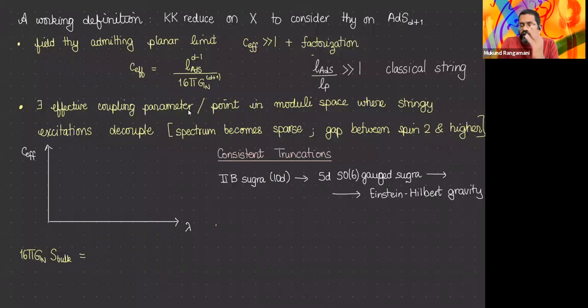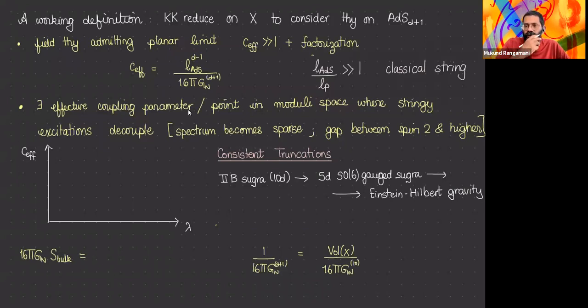When I do the reduction of the parent theory, I will get an effective Newton's constant downstairs in d+1 dimensions, where 1 over 16 pi G Newton in d+1 is really the volume of X divided by 16 pi G Newton in 10 dimensions.